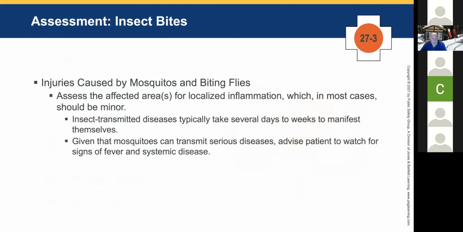Now we talk about injuries caused by mosquitoes, biting flies. We want to assess the affected area for localized inflammation, which in most cases should be minor. Insect-transmitted diseases typically take several days to weeks to manifest, and given that mosquitoes can transmit serious diseases, we want to advise the patient to watch for signs of fever and systemic disease.